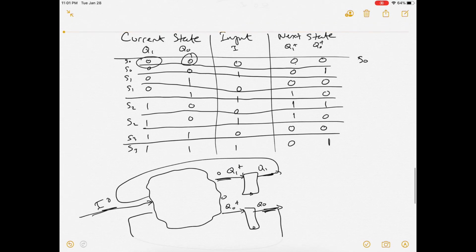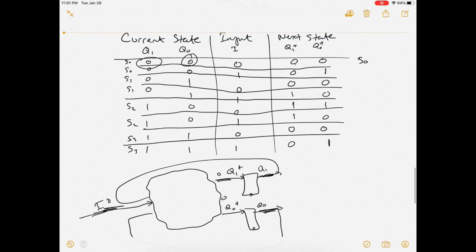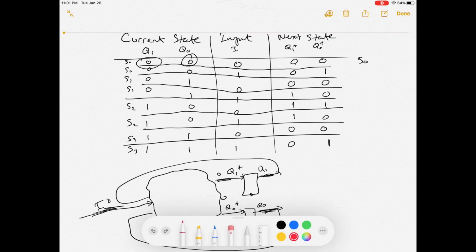So what we want to find out is Q1 plus and Q0 plus from these three inputs, the Q0, Q1, and the input. Whenever you're moving from a truth table to a circuit, what we really care about is whenever there is an output of 1. So let's start by designing the Q0 plus. We see 3 1s. These ones are represented by having this input, or this input, or this input.